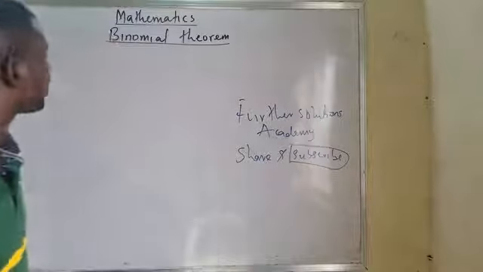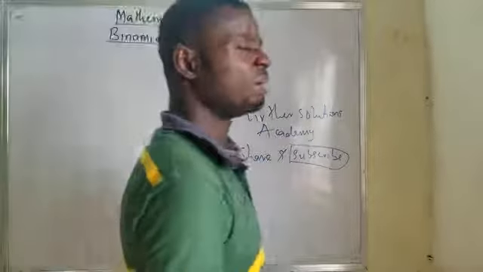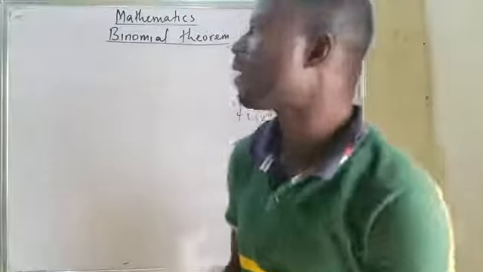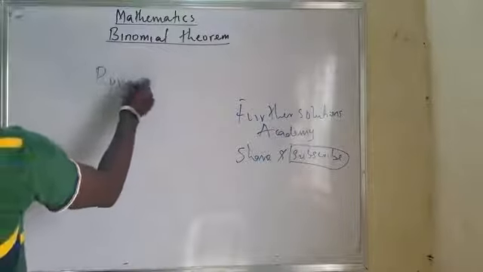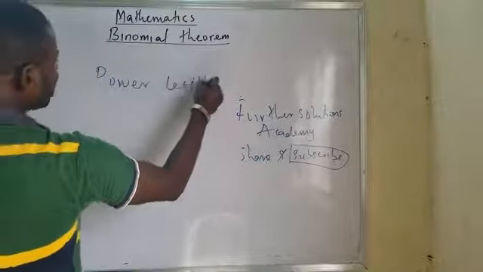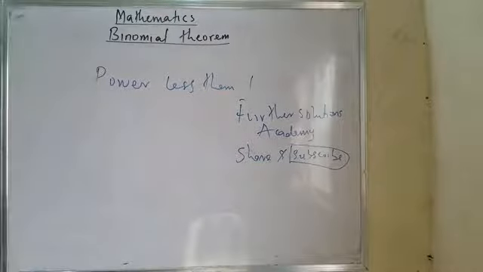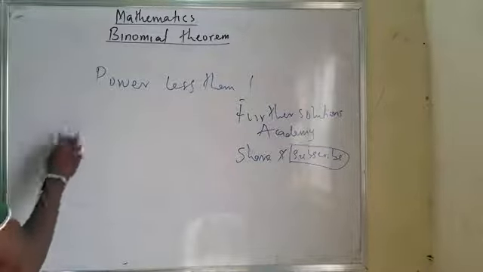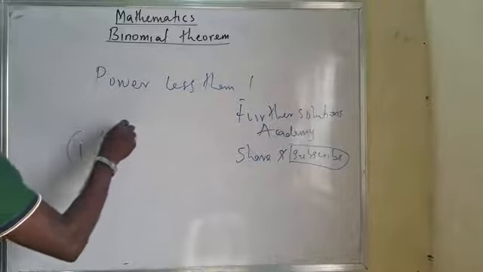In this video, I'll be walking you through the binomial theorem, working on powers less than 1. Power less than 1 can be in the form of 1 minus x or 1 plus x, bracket of n.